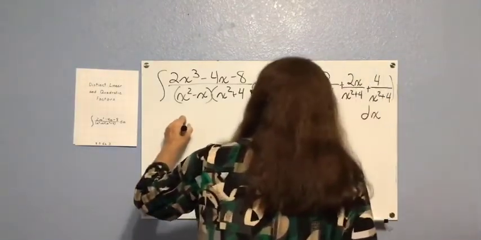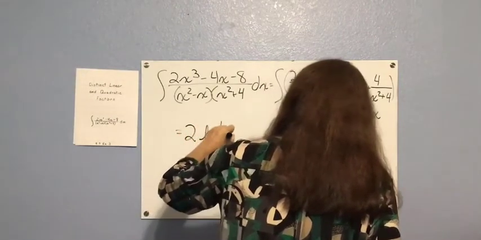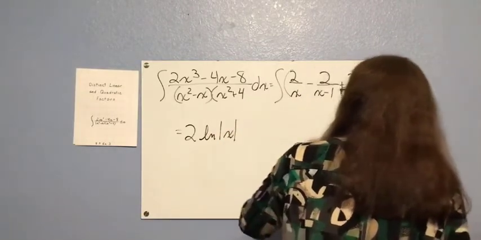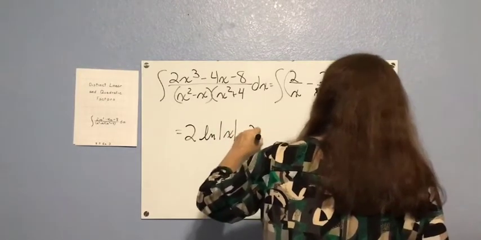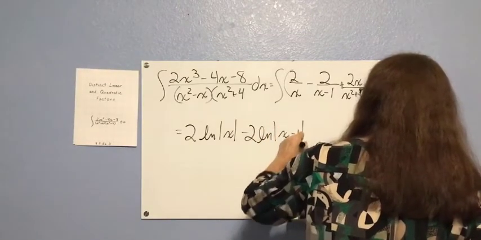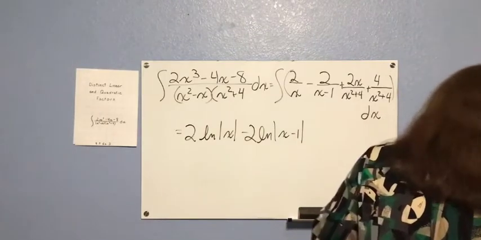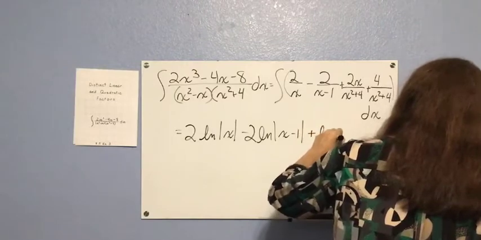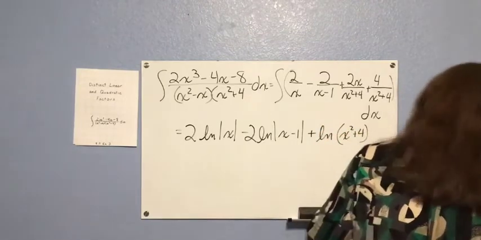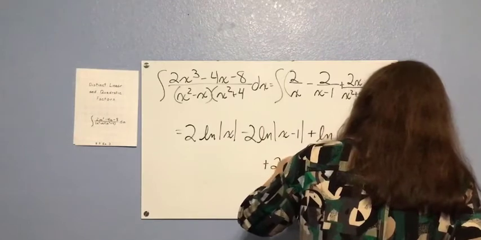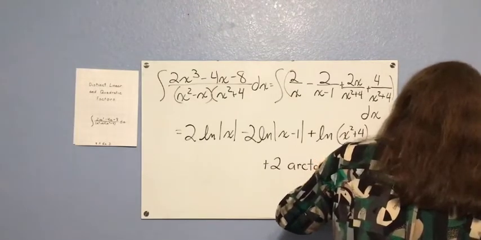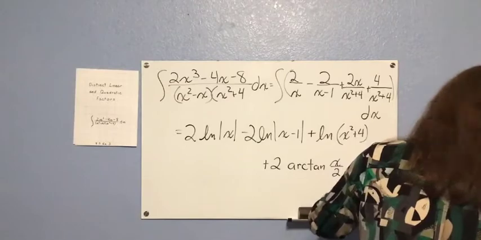When I integrate, I get minus natural log absolute value of x minus 1 plus natural log of x squared plus 4 plus 2 arctangent x over 2 plus the constant.